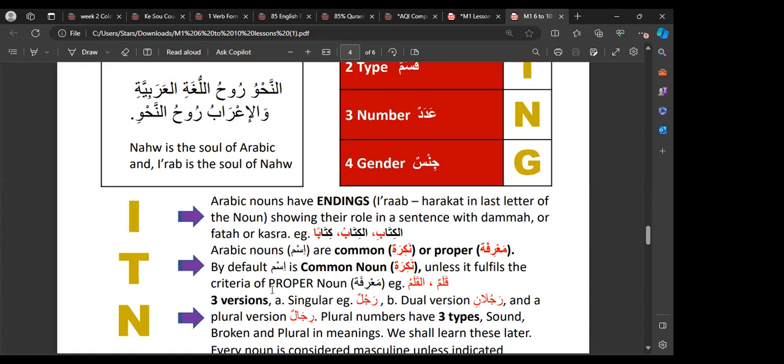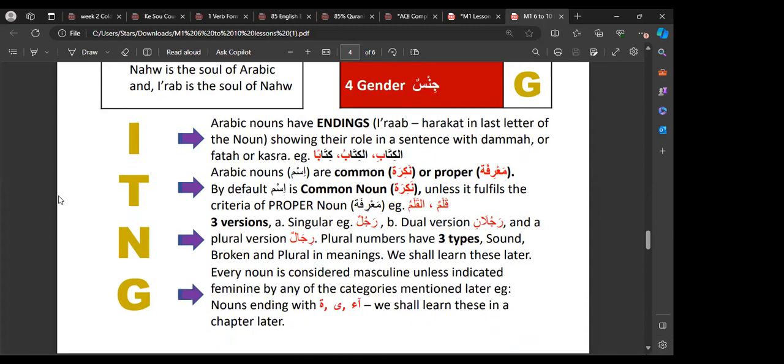So that's T. Then we have N, which is number. The singular version, rajulun, the dual version, rajulani, and a plural version, rijalun. They mean man, two men, and three or more men.